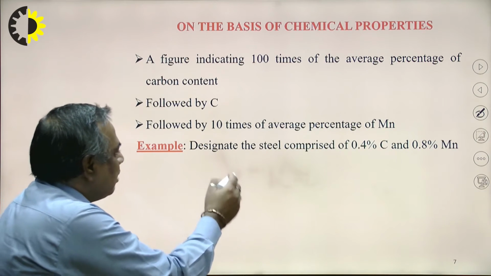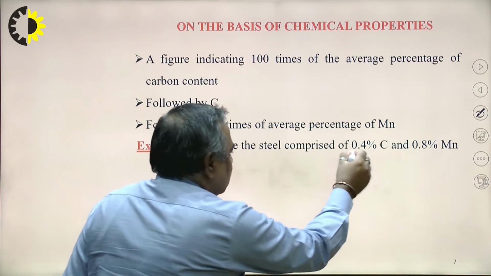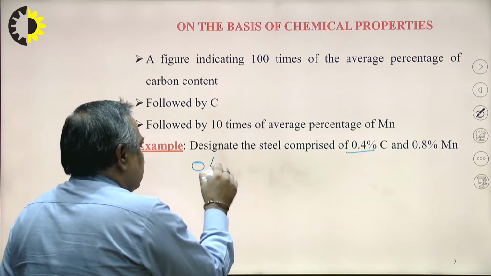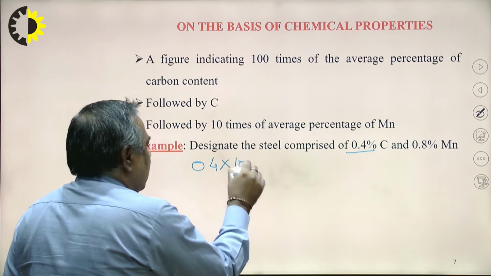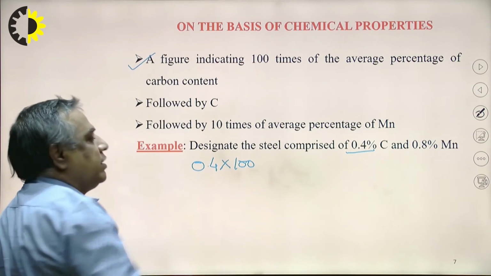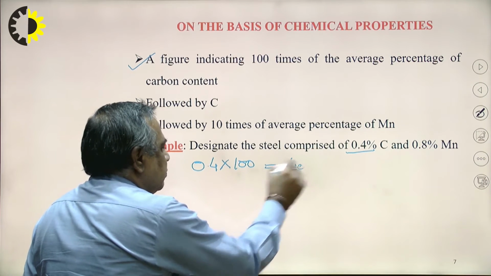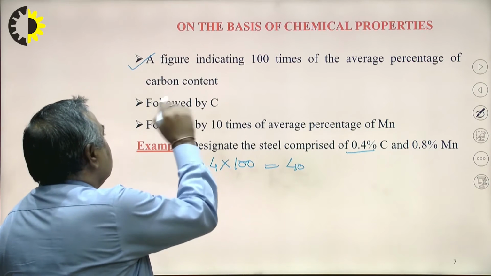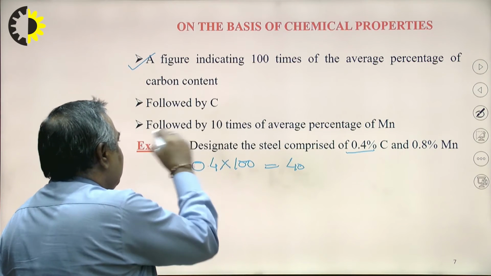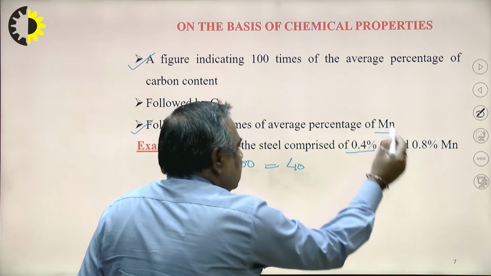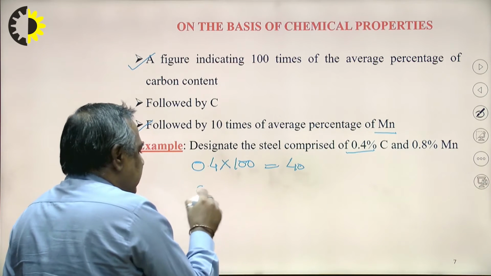So for plain carbon steel, for the first digit we multiply 0.4% by 100. This is the first step of the designation. It comes out to 40. Then, following with capital C, we calculate the average percentage of manganese multiplied by 10.